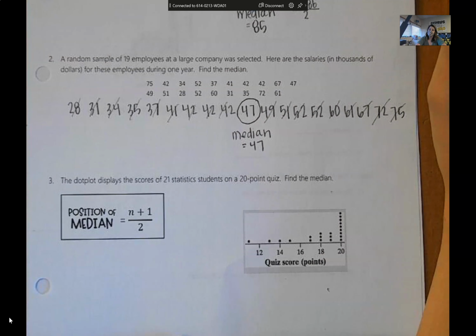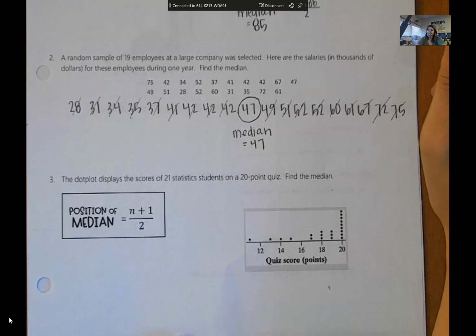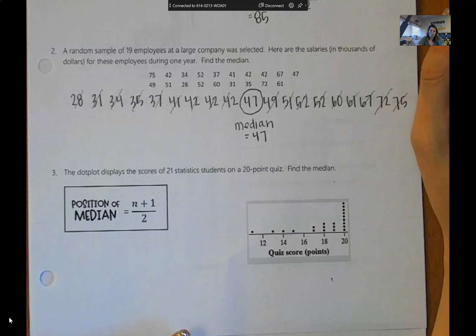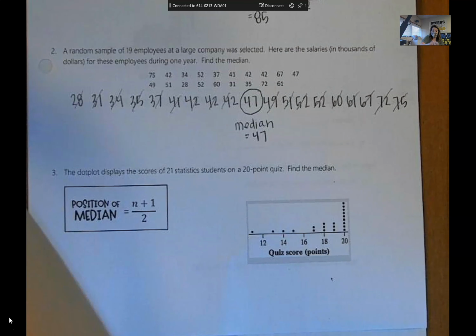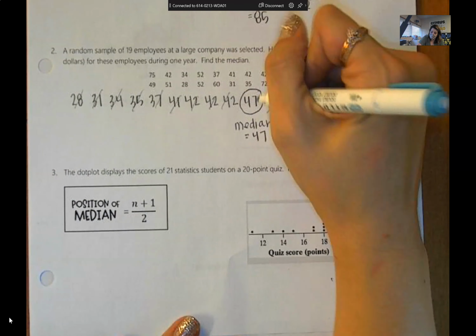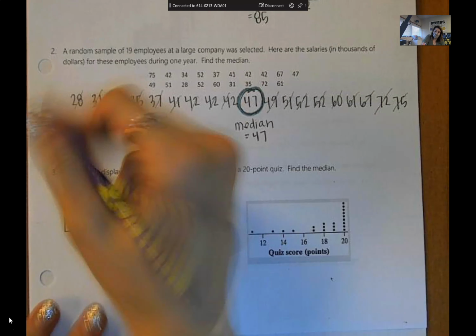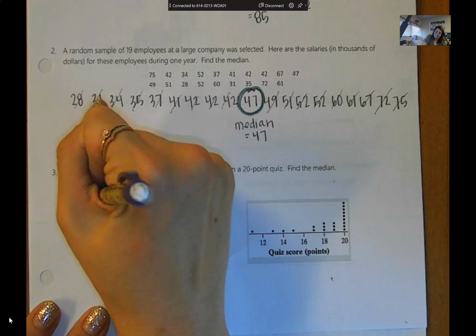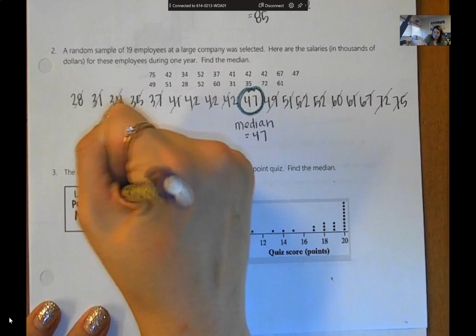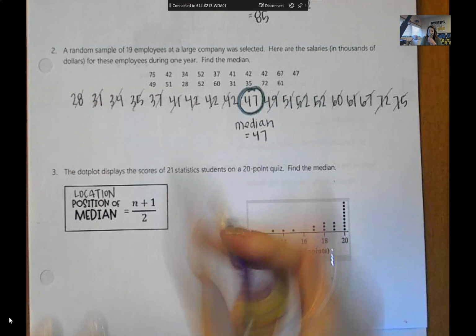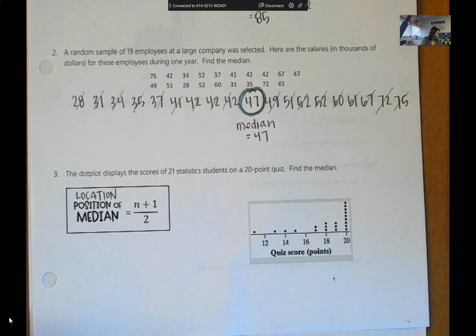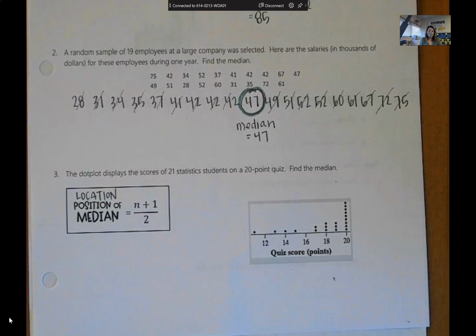So then we go from getting a data set to getting graphs. So instead of getting a list of data, we get a graph. And at this point, I think that it is appropriate for us to learn the shortcut. So you can calculate the location or the position of the median using this formula in the box. Now, it does not give you the median.